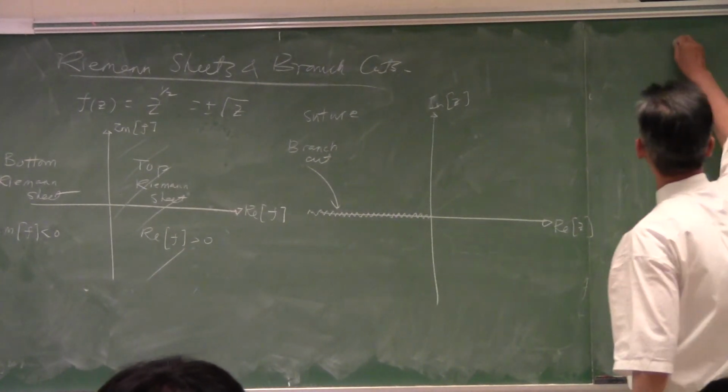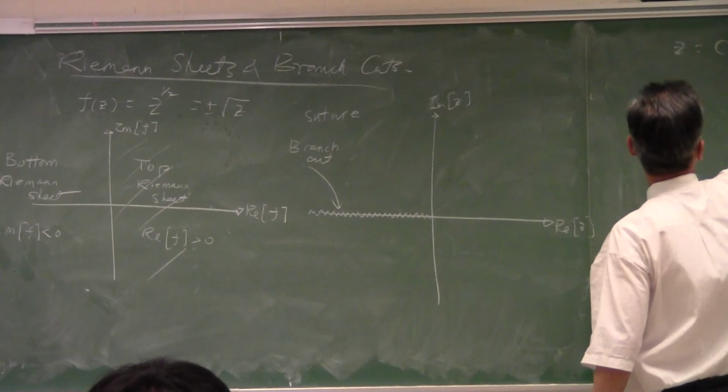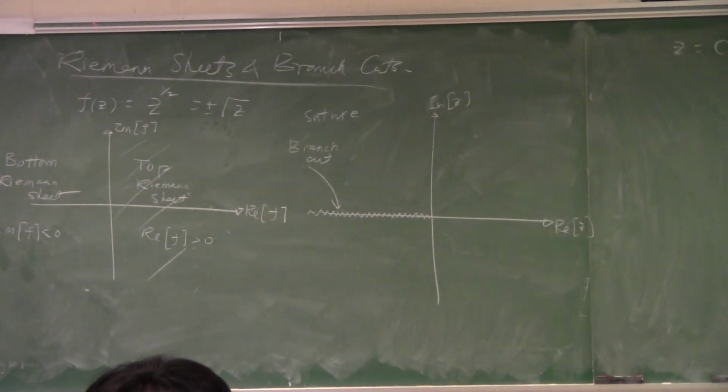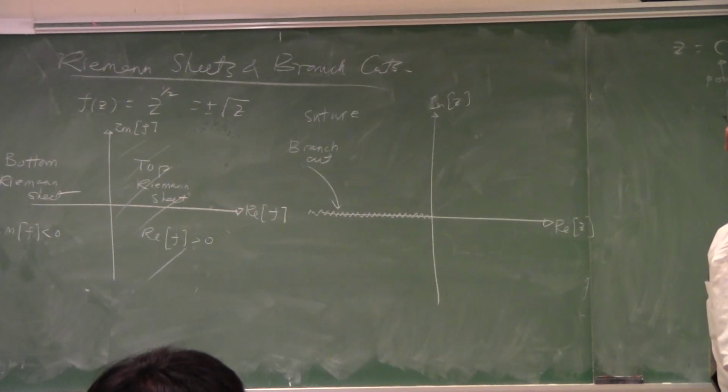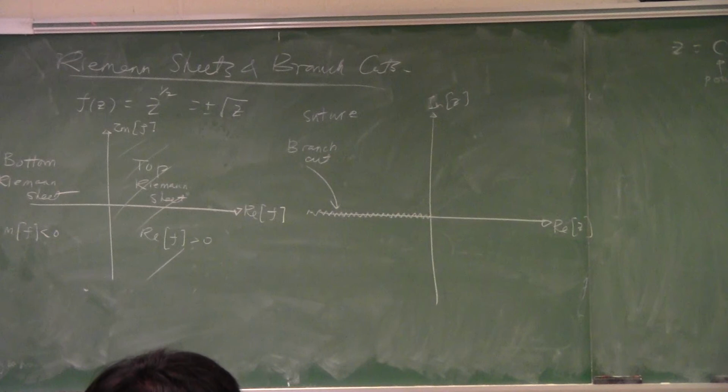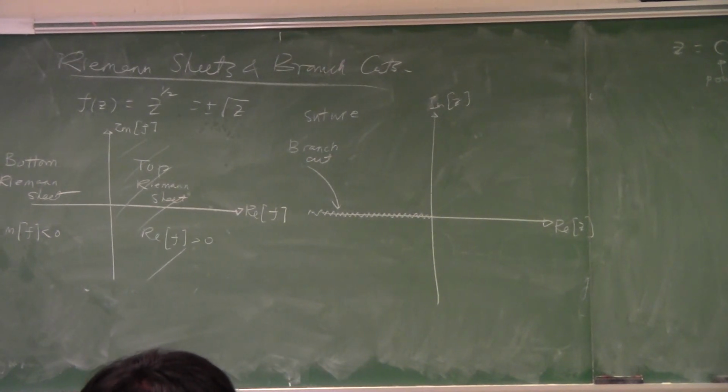So if I take z to be denoted by this complex number, where C is a positive real number, then the square root of z can be written as square root of C times e to the i theta over 2. This is positive real also. I take the branch of the square root here so that this is positive real.